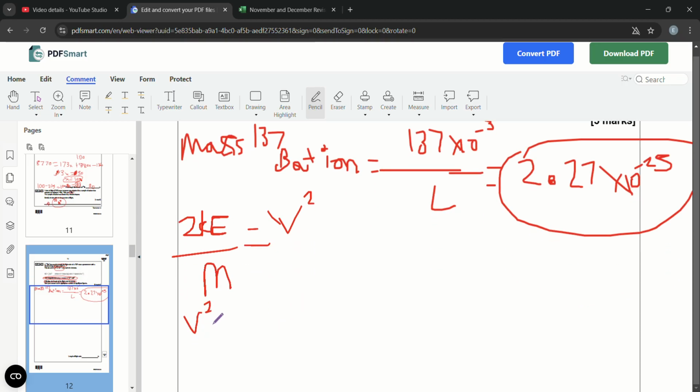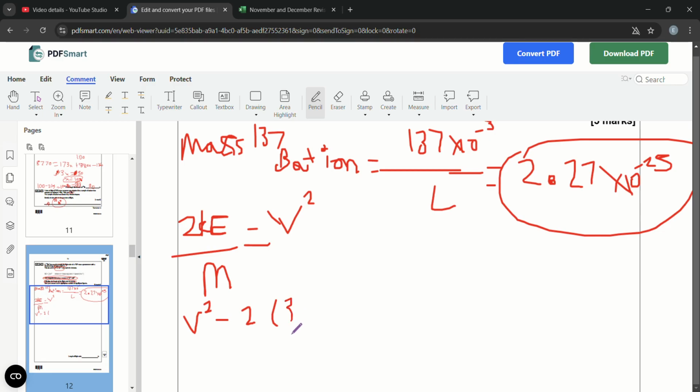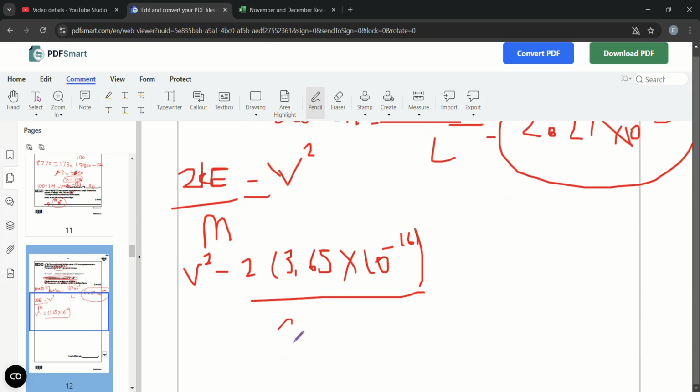So velocity squared is equal to 2KE, 3.65 times 10 to the power minus 16, over the mass which we just worked out, 2.27 times 10 to the power minus 25.